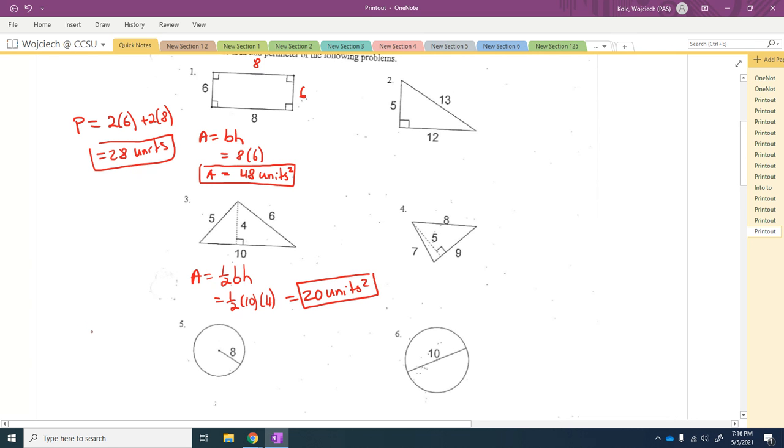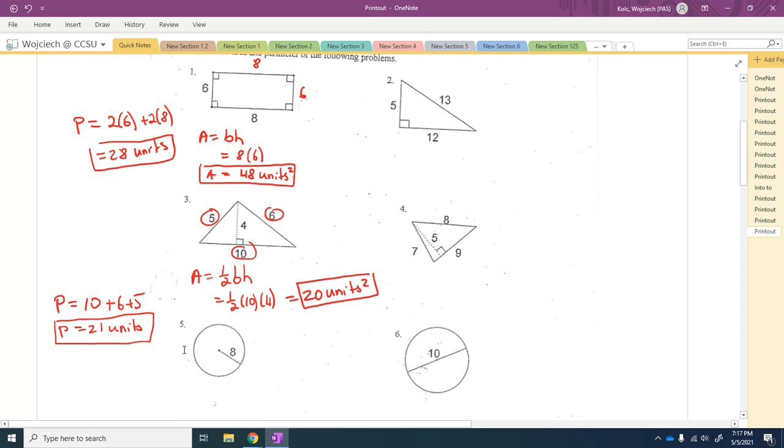To find the perimeter, all you will do is add the 3 sides. So 10 plus 6 plus 5 is equal to 21 units.